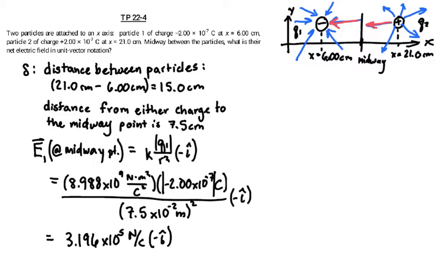So the electric field due to particle 1 at the midway point is going to be equal, in magnitude and direction, to the electric field at the midway point due to particle 2. So I can write that out. E2 as a vector at the midway point is equal to the electric field due to particle 1 at the midway point.